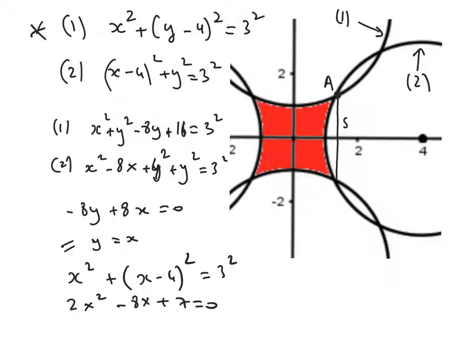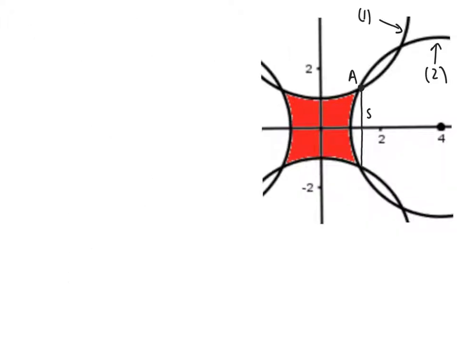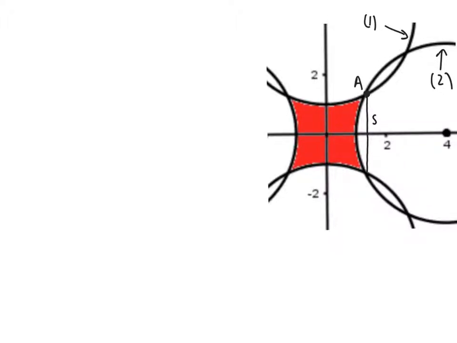And then we solve this quadratic equation to obtain two solutions, x equals (2 plus or minus square root 2) over 2. So we found two solutions to the quadratic equation, and that's because there are 2 points of intersection, A and A dash. This point here, let's call it A dash.